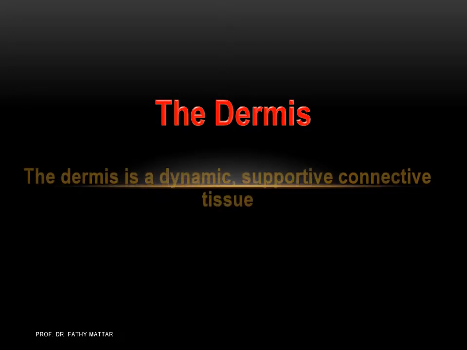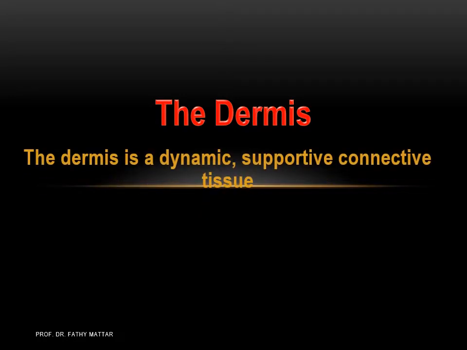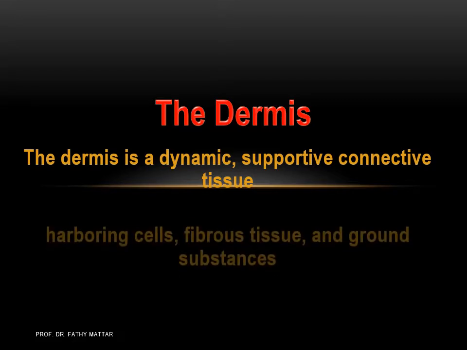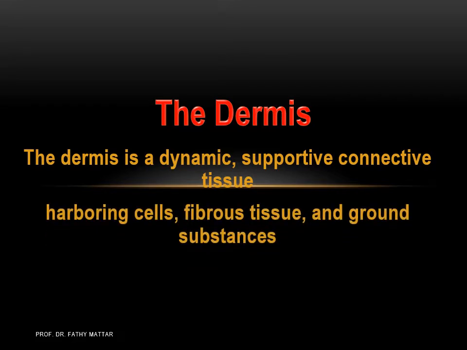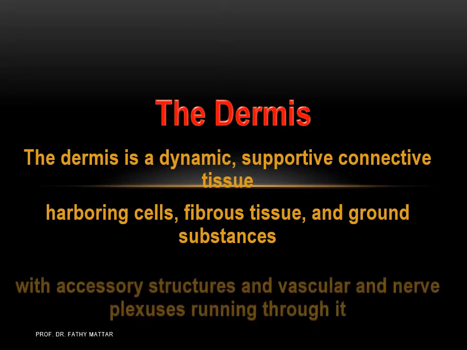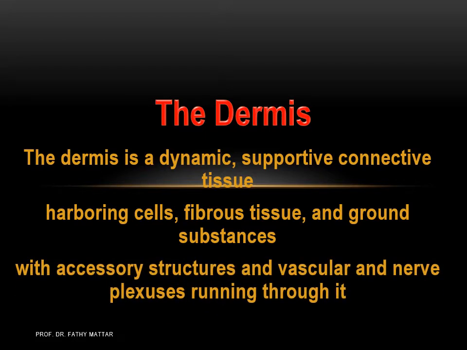The dermis. The dermis is a dynamic, supportive connective tissue, harboring cells, fibrous tissue, and ground substances, with accessory structures and vascular and nerve plexuses running through it.